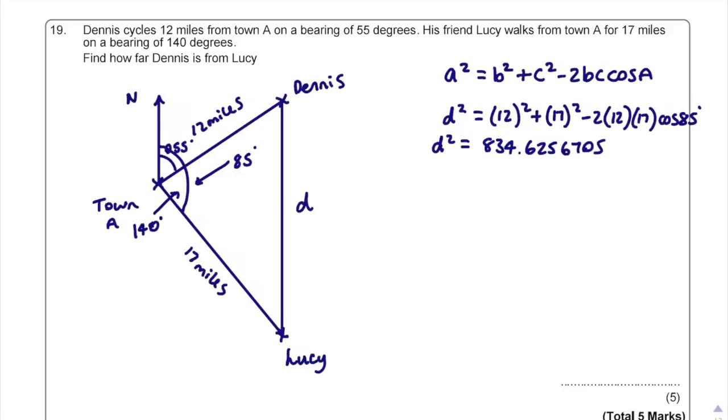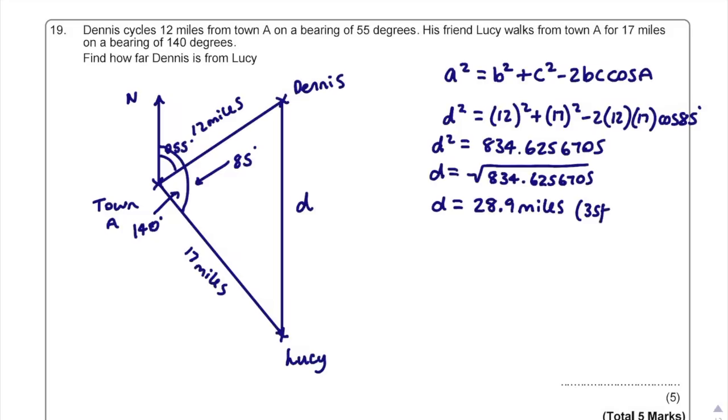So if I square root both sides, I can work out what D is. So we work that out on our calculator. We get an answer of 28.9 miles, and I've rounded that to 3 significant figures. So that is our answer for question 19, 28.9 miles.